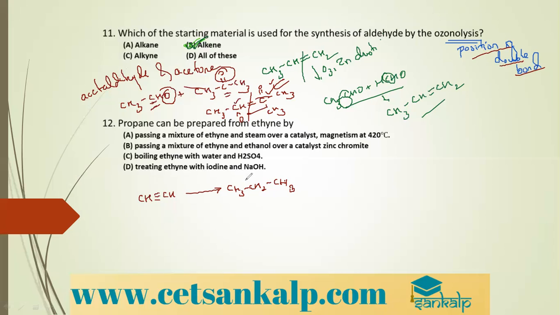Make a slight correction, students. It is not propane, it is propanone. I was wondering where this first question came from. Propanone it is. Please make this correction. Propanone can be prepared from ethine.